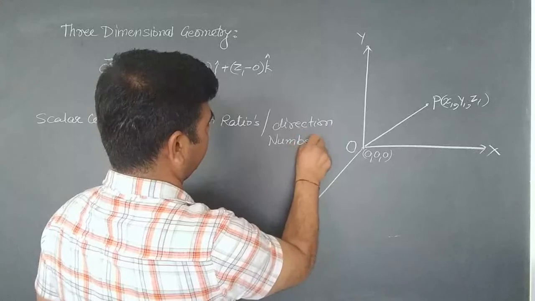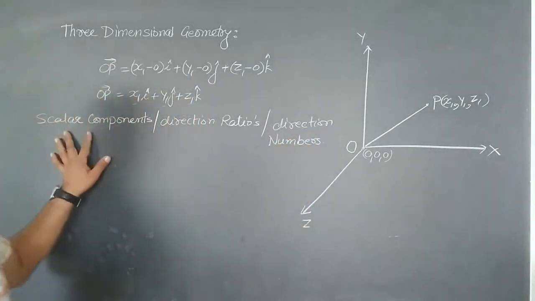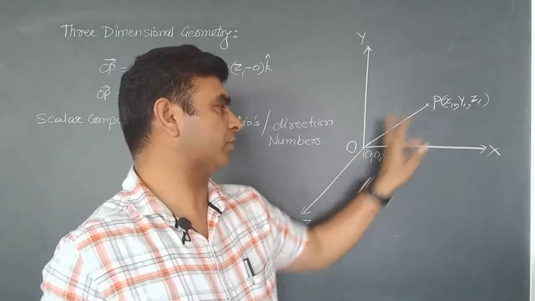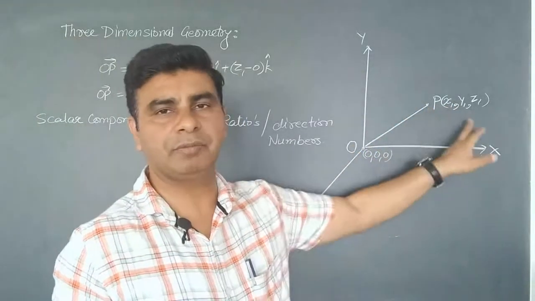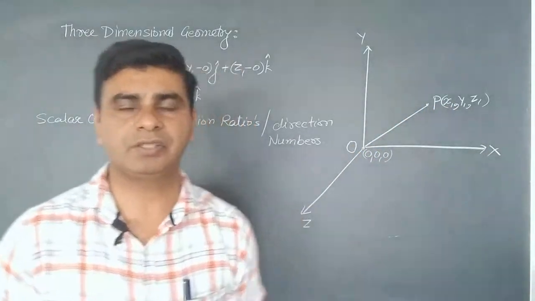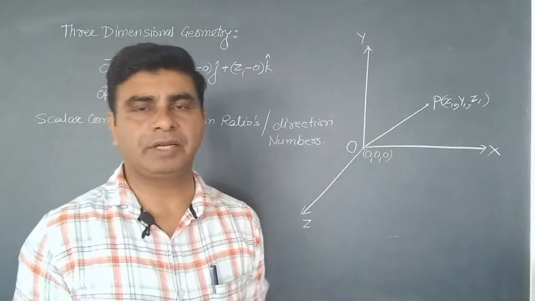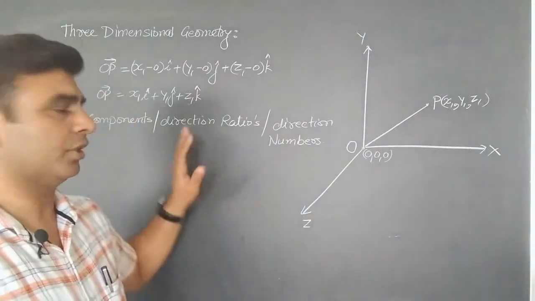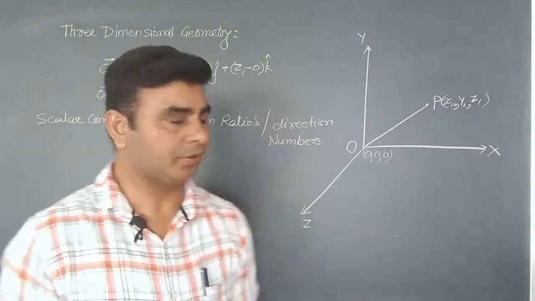So in this chapter, in place of scalar components, we will call the components x1 minus 0, y1 minus 0, z1 minus 0 the direction ratios of the vector OP, or direction numbers. So we will call them direction ratios in the coming chapter.